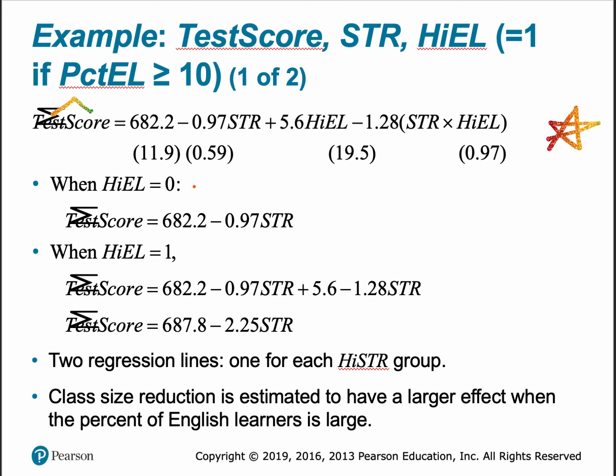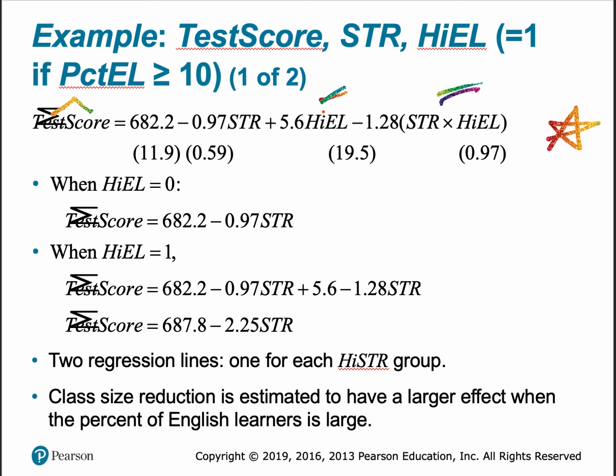When high EL is equal to 0, the third term drops out. We don't have the fourth term either because those things are equal to 0, so we only have 682 minus 0.97. When high EL is equal to 1, we have both of these things come into play. So we have 682 minus 0.97 times the student to teacher ratio plus 5.6.